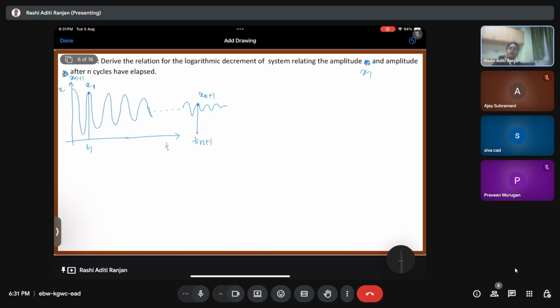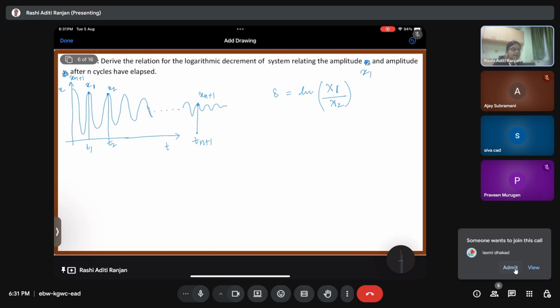Now if this is a time t2, this is x2. We already know that the logarithmic decrement delta is going to be ln of x1 by x2, right? But this time we want to know how we relate x1 and xn plus 1, which is the amplitude at t1 and the amplitude at tn plus 1 after the n cycles.